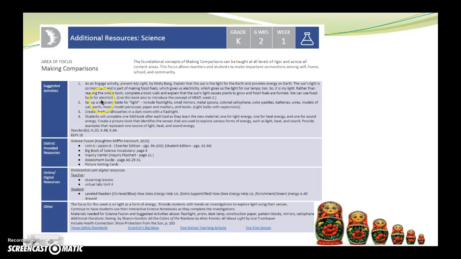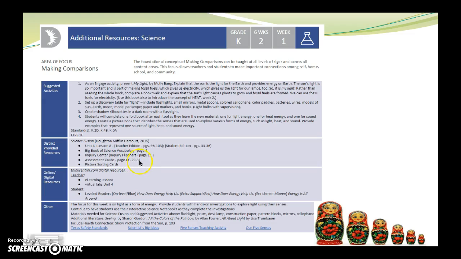So for science, it tells you, for example, Science Fusion, we're using Houghton Mifflin Harcourt, Unit 4, Lesson 8, Teacher Edition, and provides you with the pages as well as Student Edition pages as well. It gives you your big book of science vocabulary, your Inquiry Center, which is huge. We'll talk about that in our staff development.